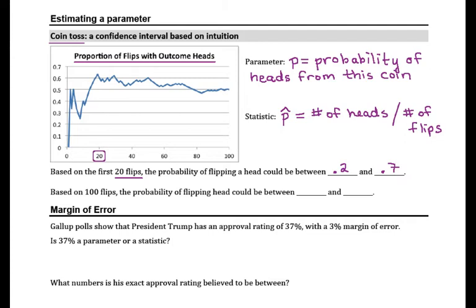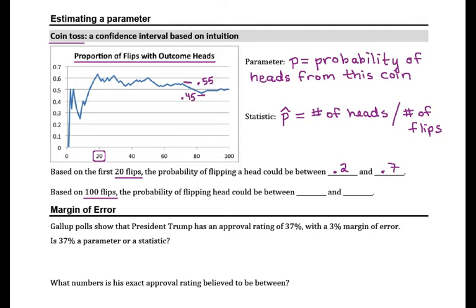Now as we go out to 100 flips, we get to look at the whole graph. And now what we see is, it seems like as it starts to stabilize, the highest value we see is perhaps somewhere around 0.55, and the lowest value we see here is somewhere around 0.45.